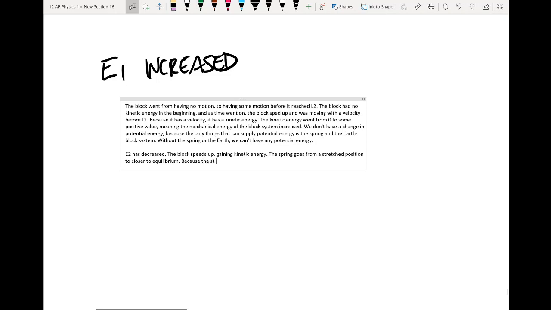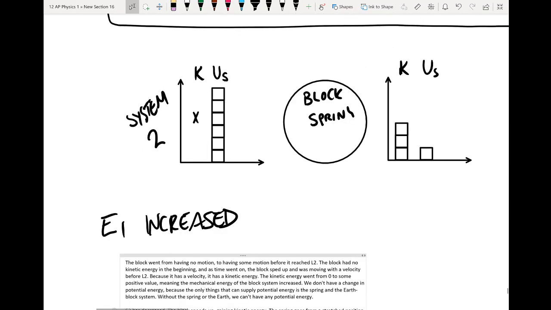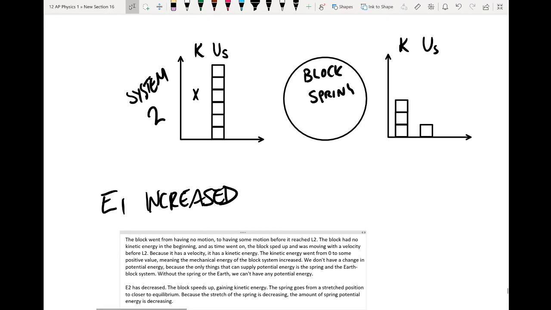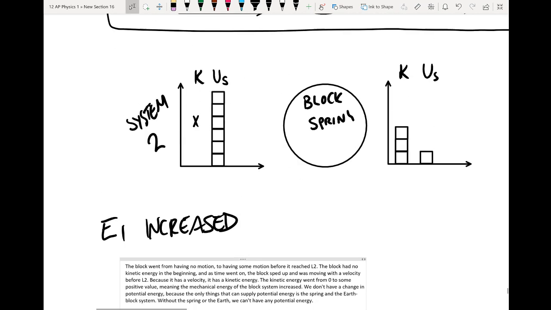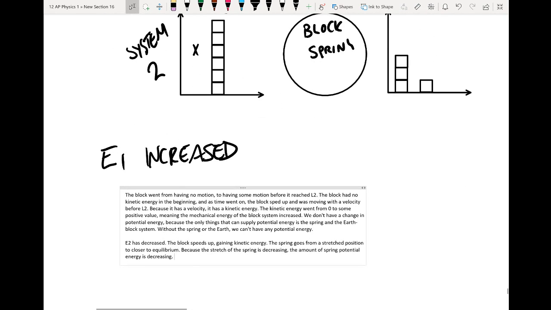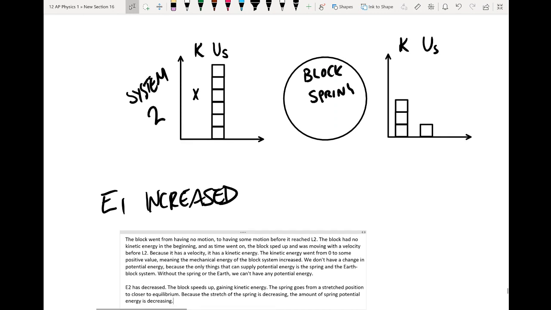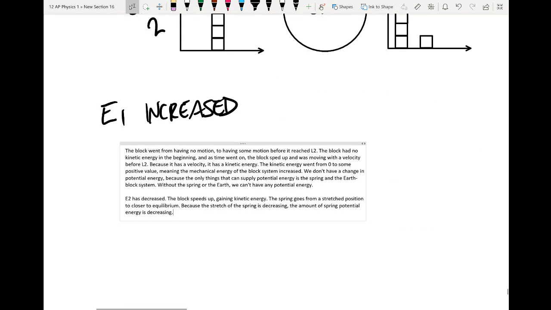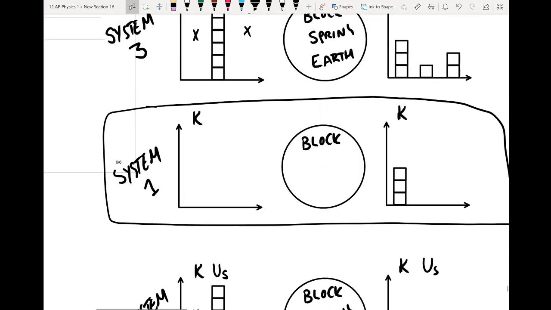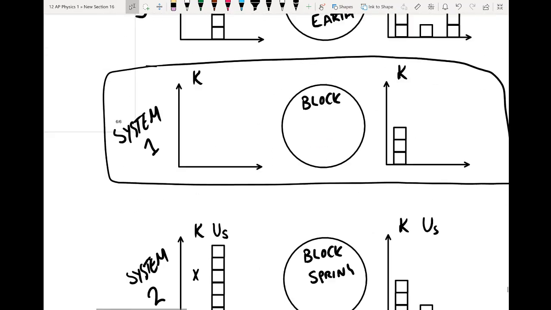Because the stretch of the spring is decreasing, the amount of spring potential energy is decreasing. Yeah, so that's kind of good. Maybe we should say something about where the other energy went. Whatever, we're pretty good. We have our diagrams to help us out.